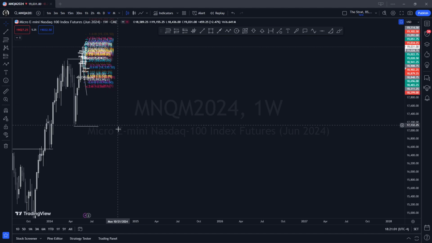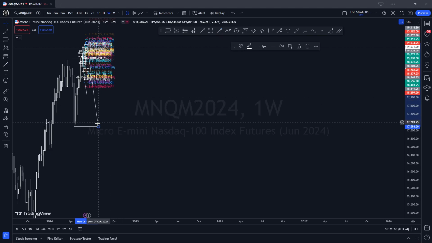If that doesn't hold, we could come back and do this again. If this didn't work out, we could start heading this direction. That could be the first move right there.